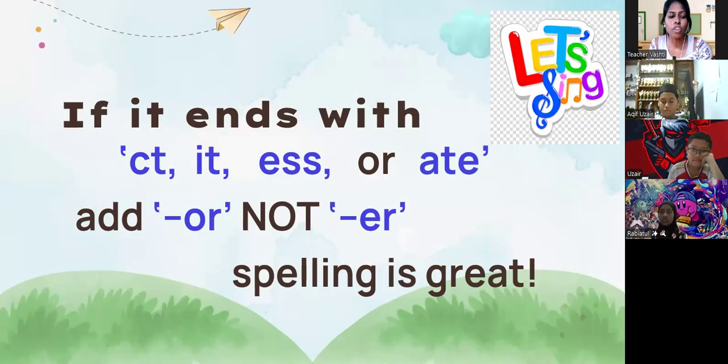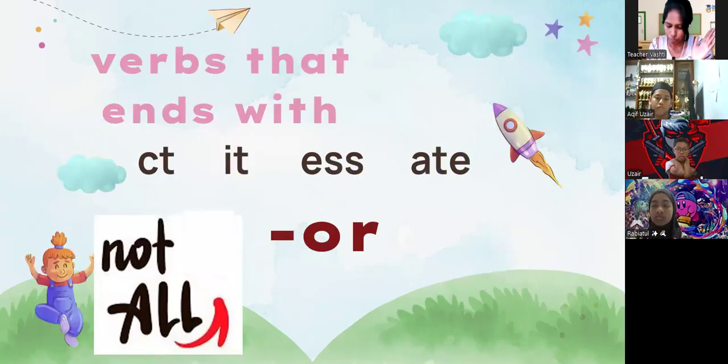Now, when you find a word that ends with CT, when you find a word that ends with IT, when you find a word that ends with ESS or ATE, you have to add OR, not ER. All right? But very, very important, ya.